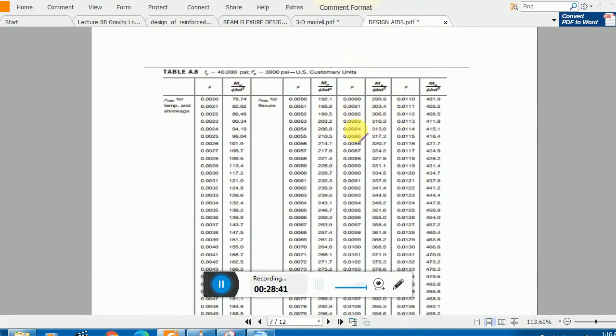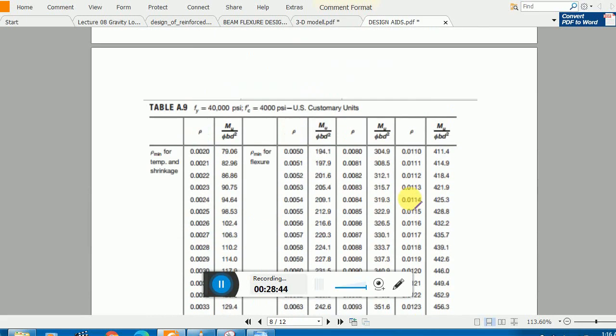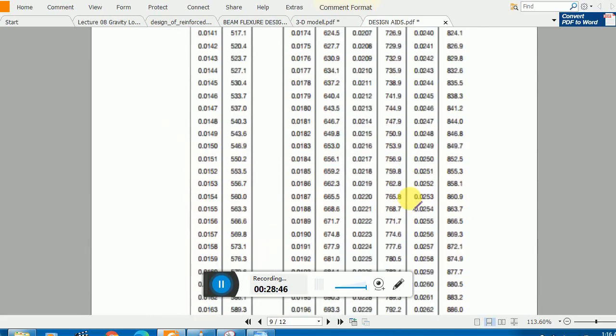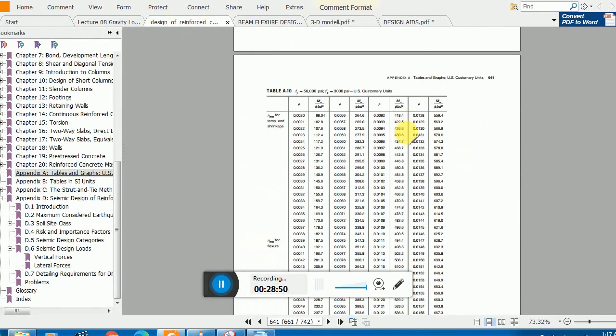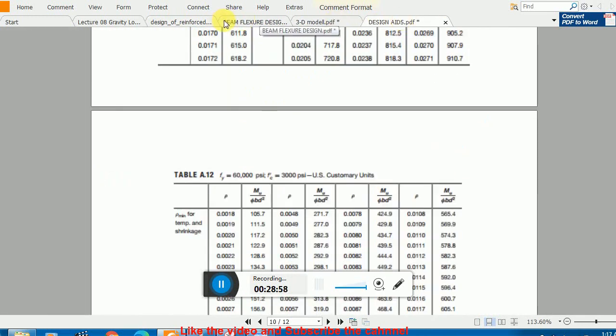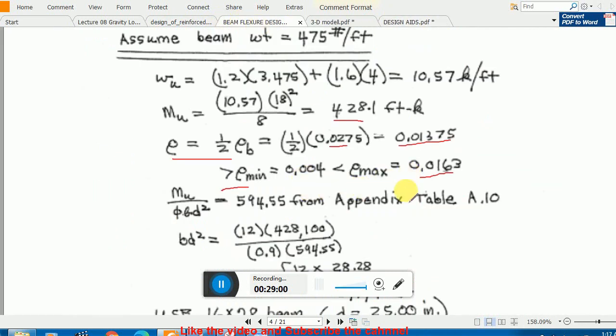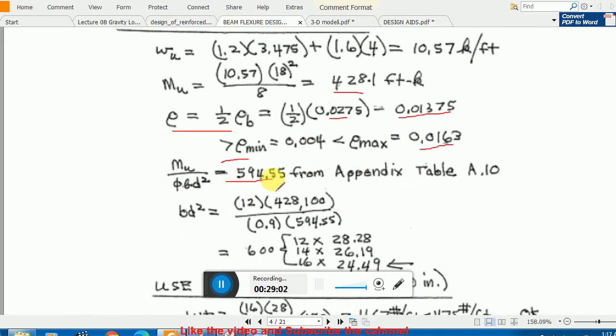Not 40,000, not this one, this one. 0.0137, roundabout. We are close to this value, 592. What they are basically using is the same value. So this is the way you got this value.